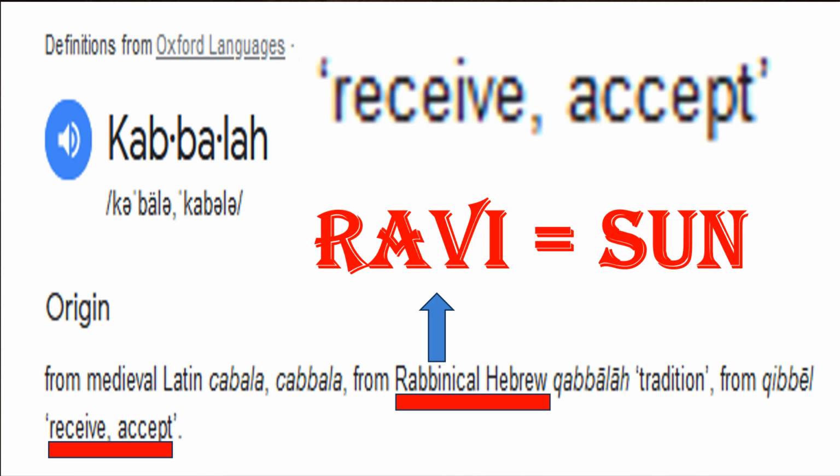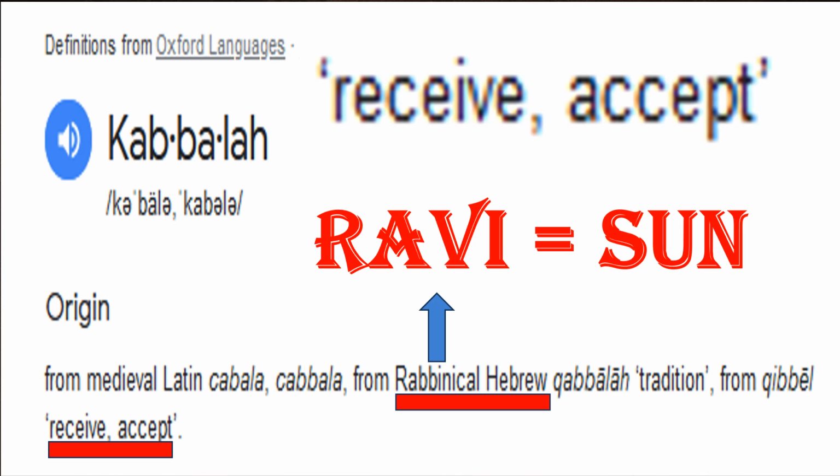But it's also important to note here that this is from rabbinical Hebrew, the Kabbalah, and it's spelled a couple of ways. You have this K, and of course you have that Q interchange and the C interchange. But another thing I want to make note of is where it indicates rabbinical. That's a word that is steeped in betacism.